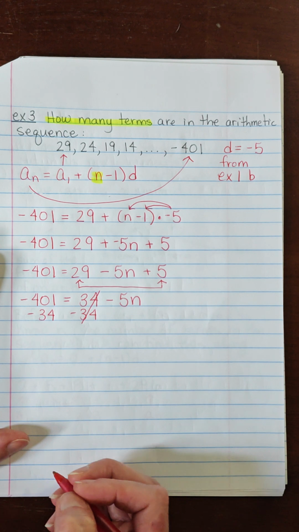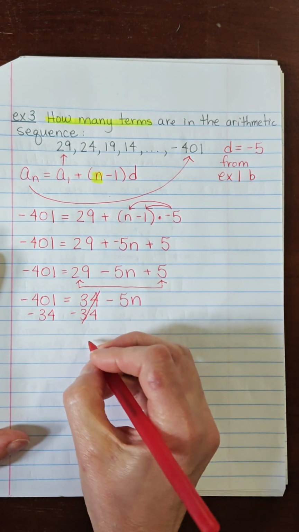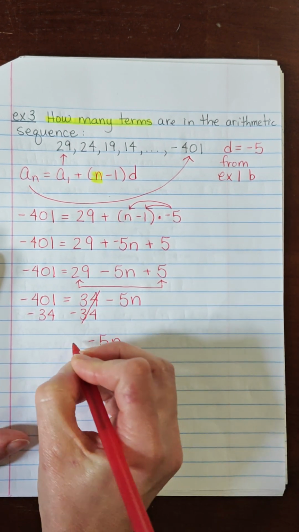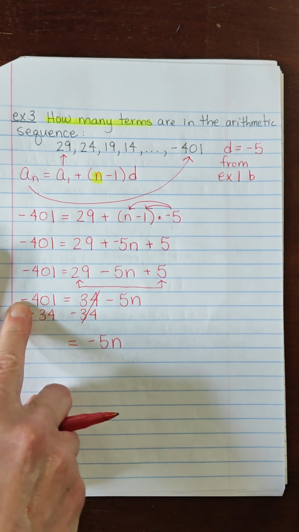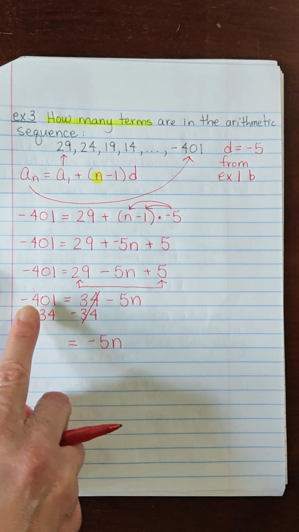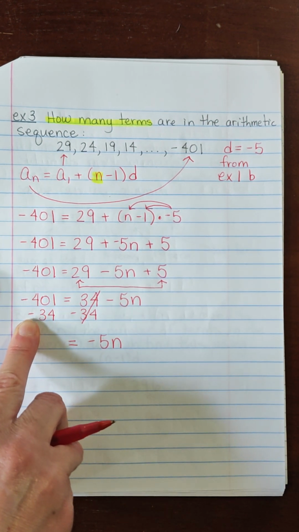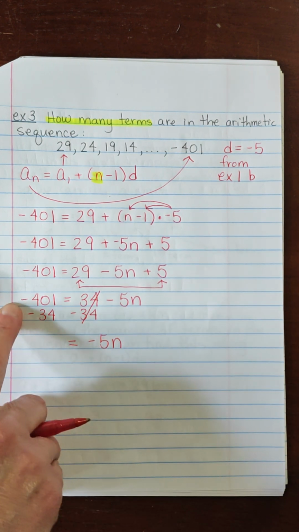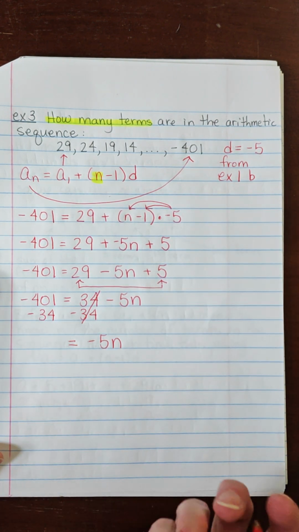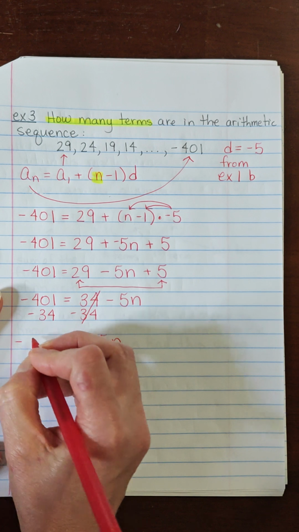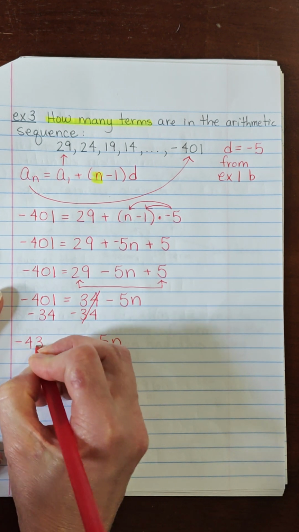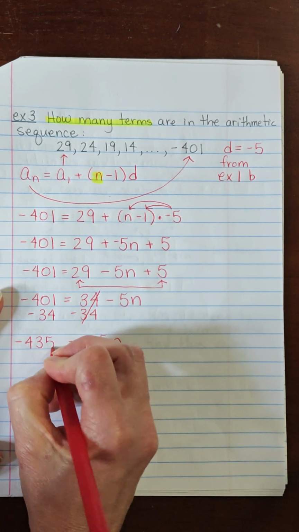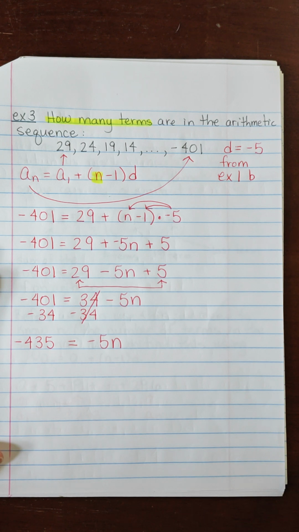That will zero out. Don't forget that sign. So that's a minus 5n. This is negative 401 minus 34, or negative 401 plus negative 34, however you want to look at it. So together, those combine to be negative 435.